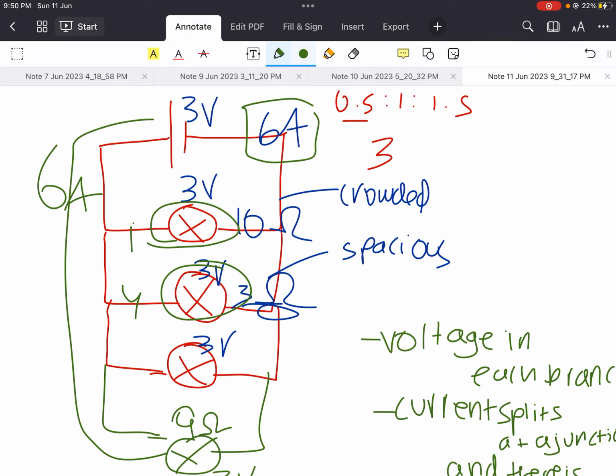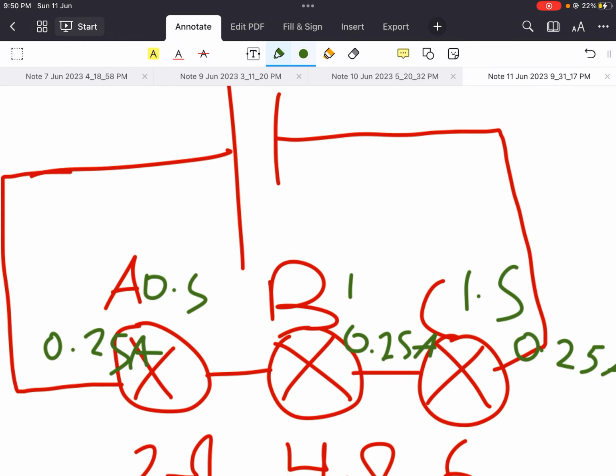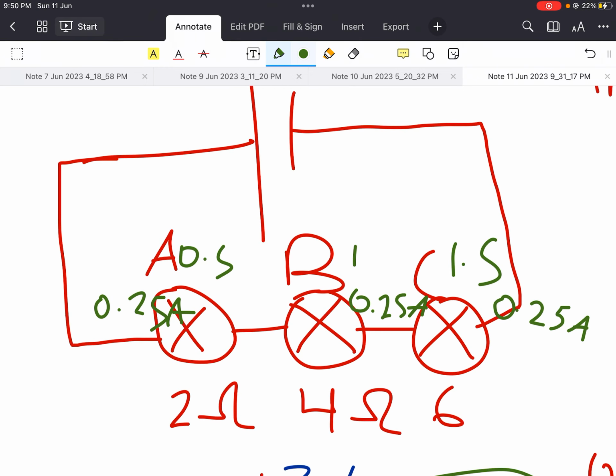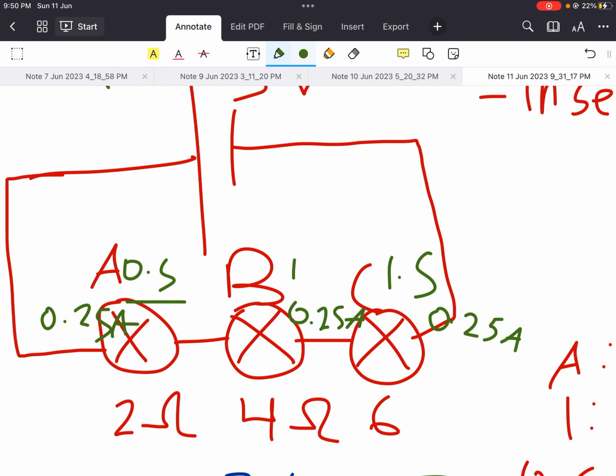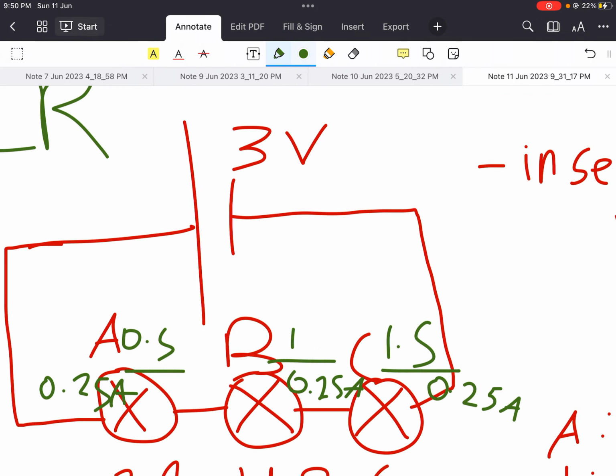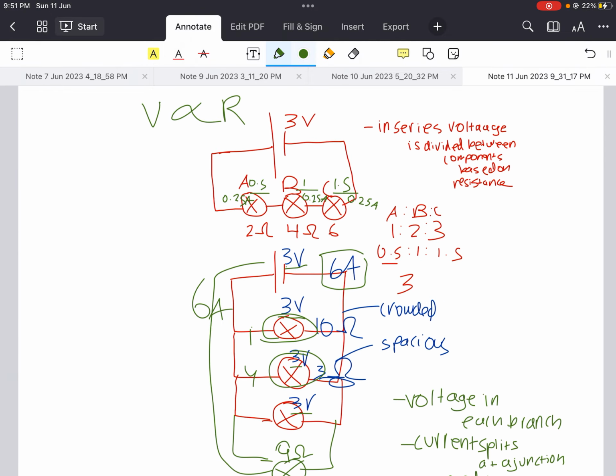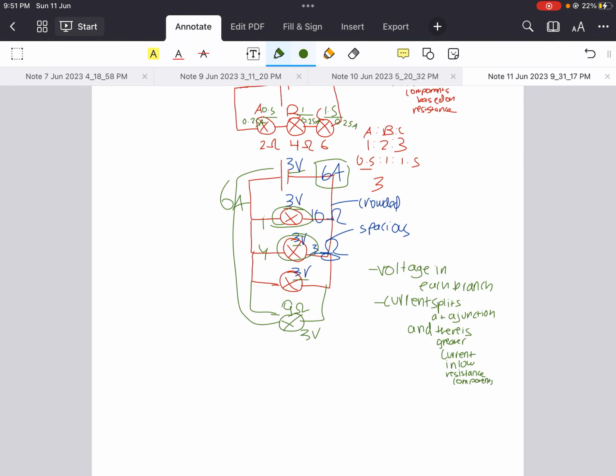So that means current has been preserved, and when current is preserved, charge is preserved. And if voltage is the same, that means energy has been preserved. When you add the voltages together in all of these, you still get 3 volts. 3 volts is the voltage in your battery, in your cell, so that means that energy has been preserved. So that's it.